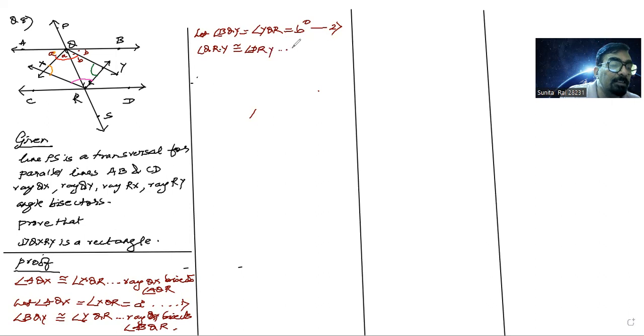I can say ray RY bisects angle QRD. So let angle QRY equal angle DRY equal C degrees, children. Can I call it statement number 3, children?